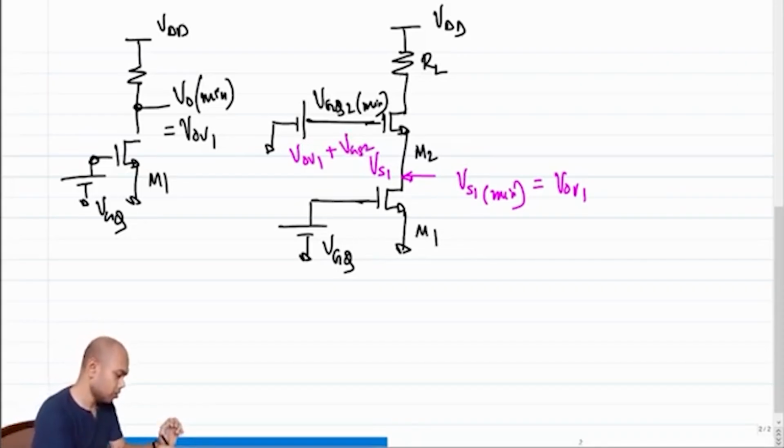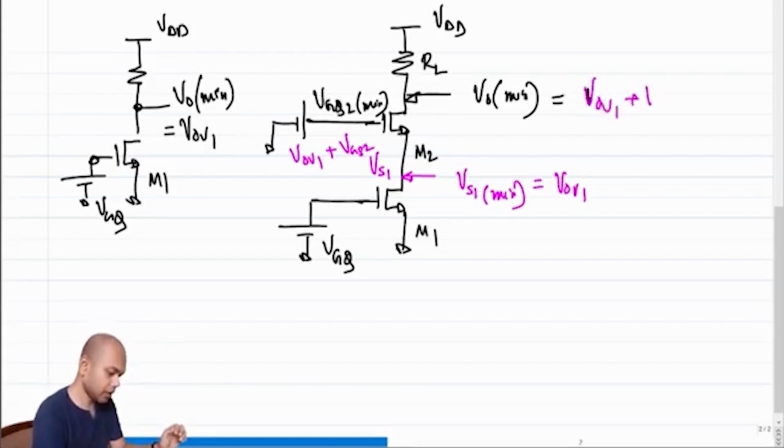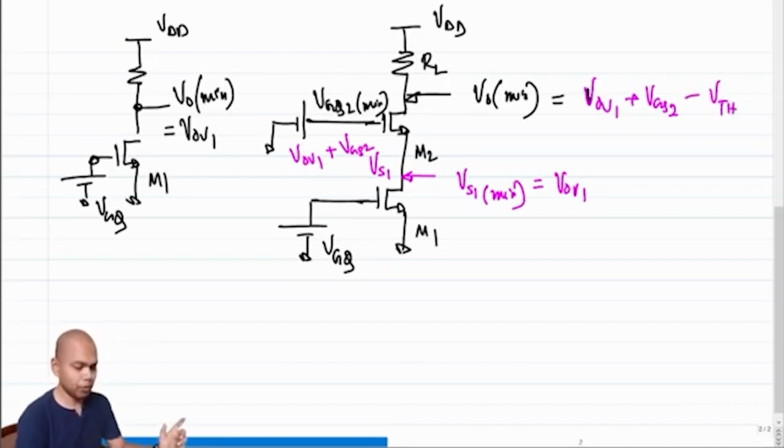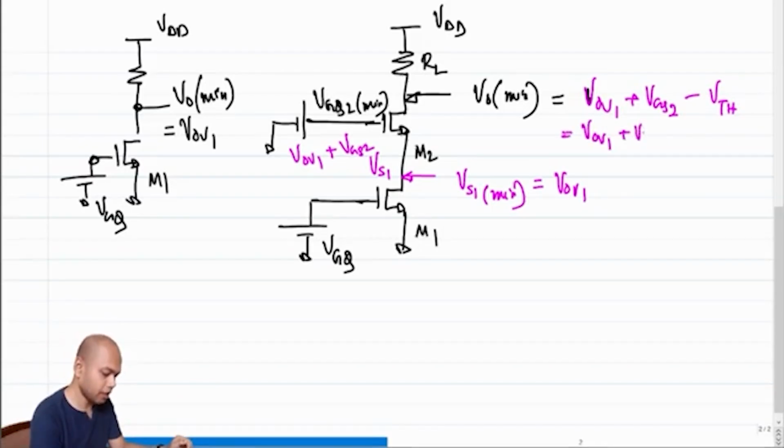So what will be V0 min then? V0 min will be V overdrive of 1 plus VGS2 minus threshold voltage of M2, and if we assume the threshold voltage is identical, then this effectively becomes V overdrive of 1 plus V overdrive of 2.